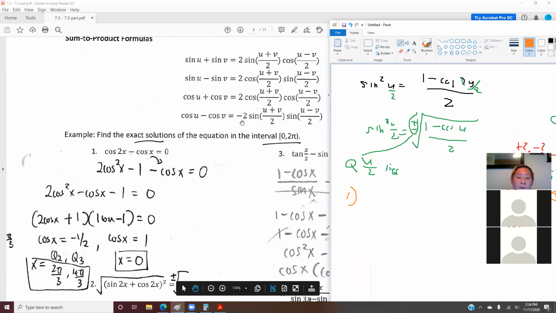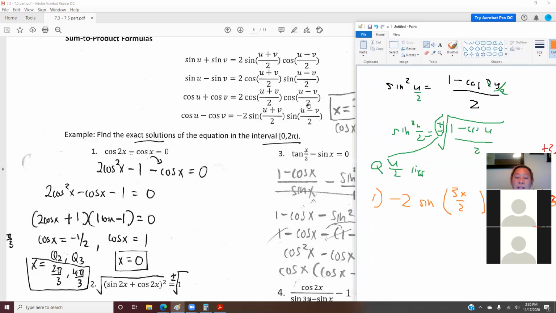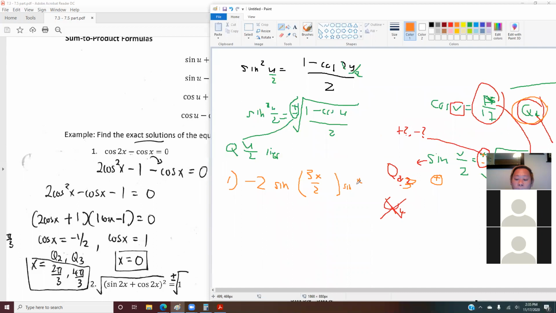But if I use this sum to product, this will become negative 2 sine of u, in this case your 2x, so 2x plus x, which is 3x over 2, and then sine of u minus v, which is 2x minus x, which is x over 2. And you make this equal to 0.